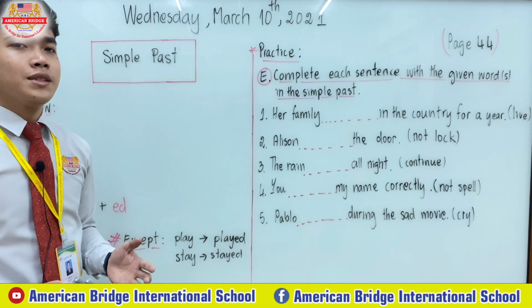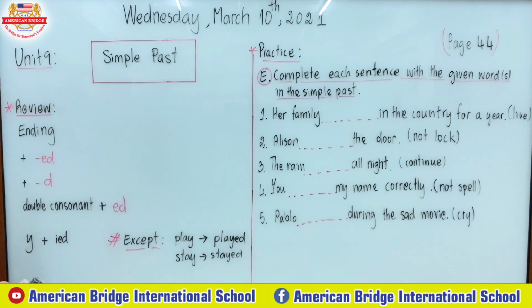Before we get started with our practicing, teacher would like to review some of the usage in the simple past. This is about the regular verb. When you want to make it into the simple past, usually in the regular verb, we have the ending ed.